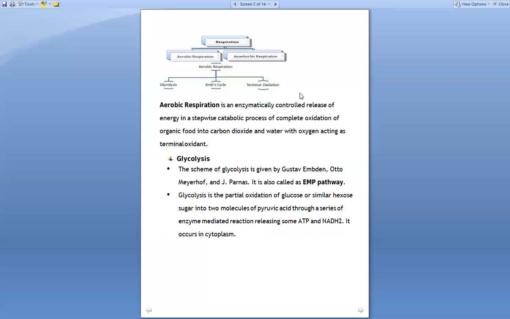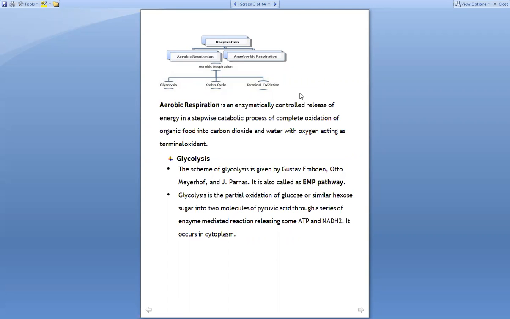Now glycolysis is the partial oxidation of glucose, right? Here the partial oxidation of glucose, or a similar hexose sugar, takes place into two molecules of pyruvic acid. This occurs through a series of enzyme mediated reactions releasing some ATP and NADH2, and this occurs inside the cytoplasm, right? So glycolysis is the conversion of glucose to pyruvic acid.